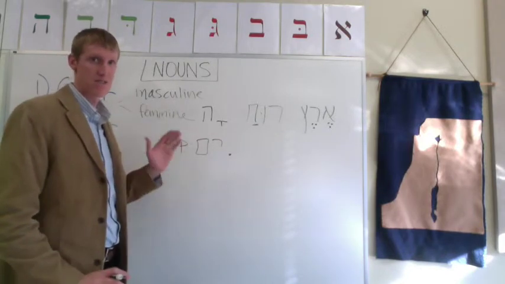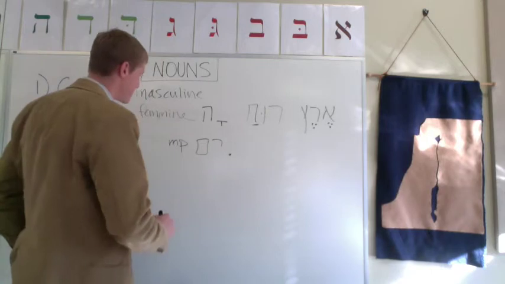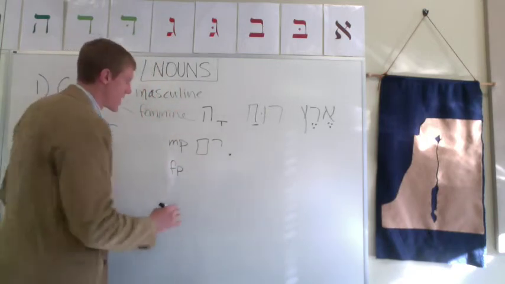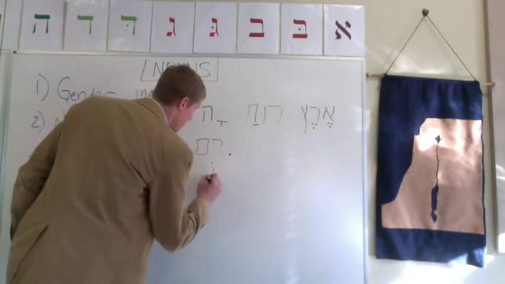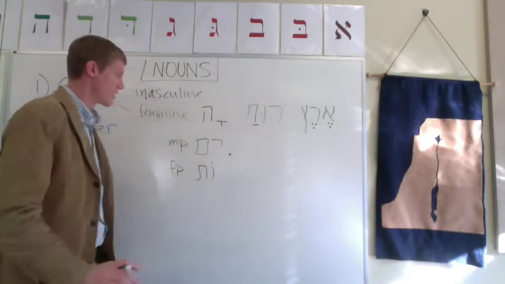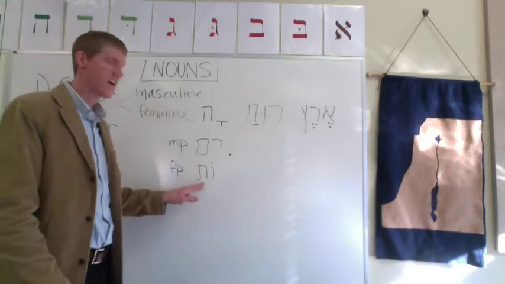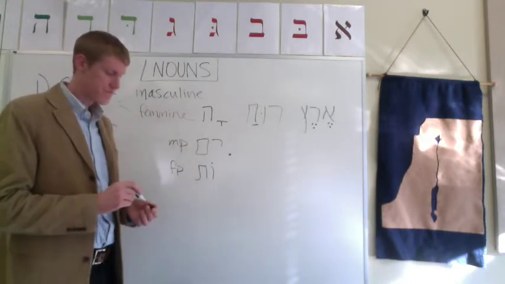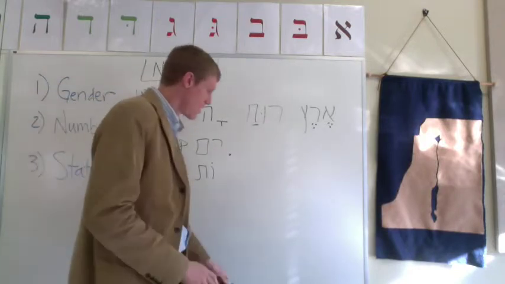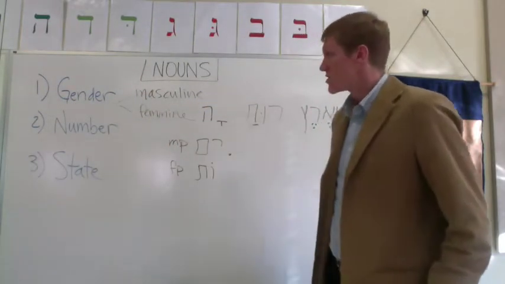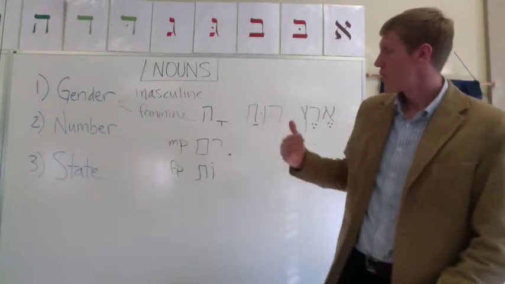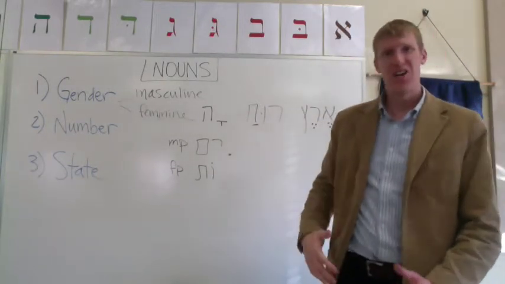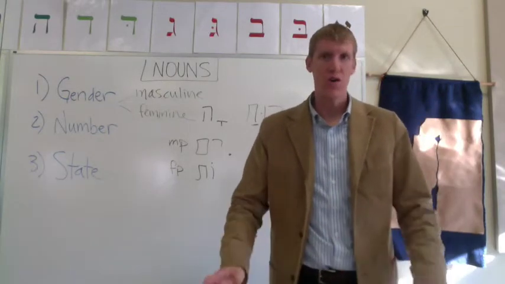Eem is the masculine plural noun ending. The feminine plural noun ending is holem vav with a tav, oat. Eem and oat. So you've got eem, masculine plural, oat, feminine plural, and qamets he as generally feminine singular, and there's no specific ending for masculine singular.